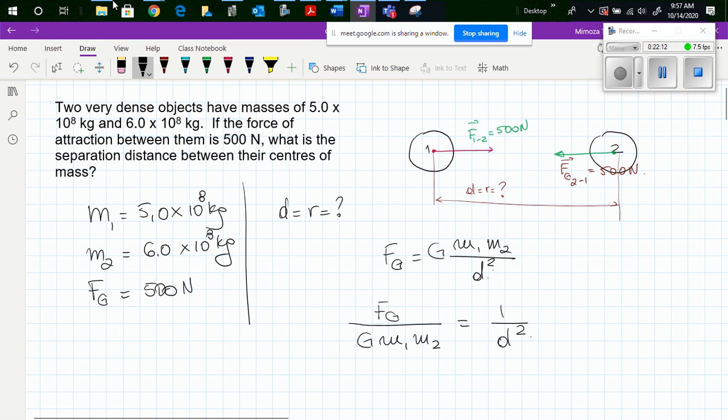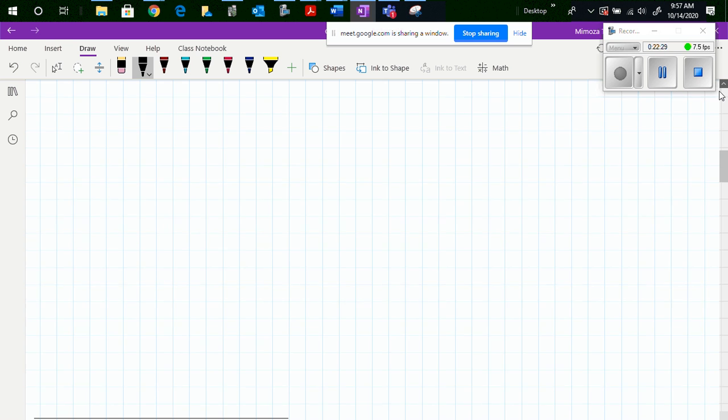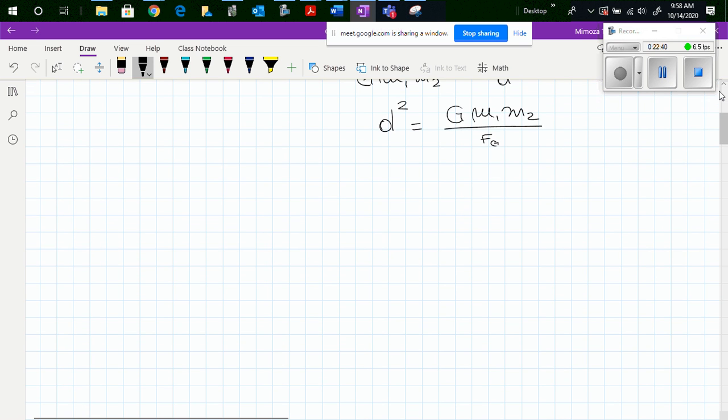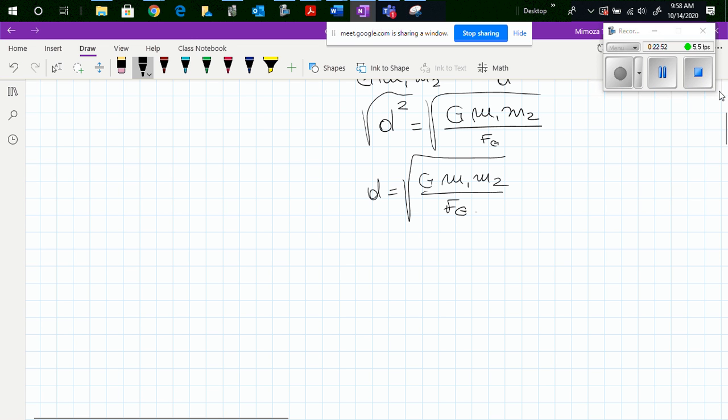You can even cross multiply, and then D squared will be G M1 M2 over FG. And in order to find D, because we are still not done, we have D squared here, not D, we square root both sides. So D will be the square root of G M1 M2 over FG.